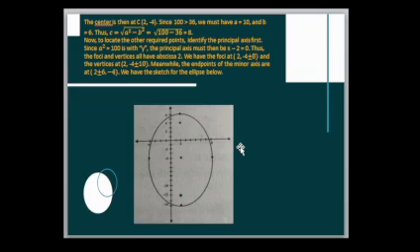So 2 plus 6 is 8. So negative 4. So we have our x is 8. Our y is negative 4. And then 2 minus 6 is negative 4, and negative 4. We will draw the ellipse.